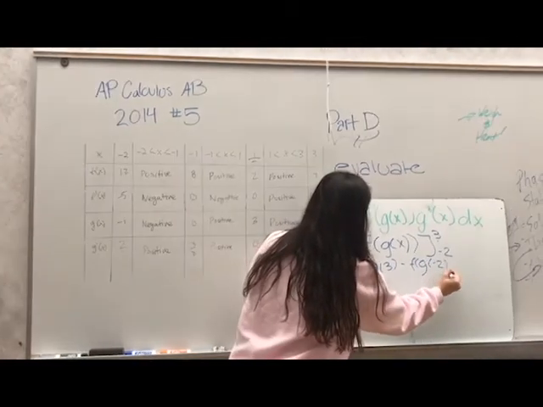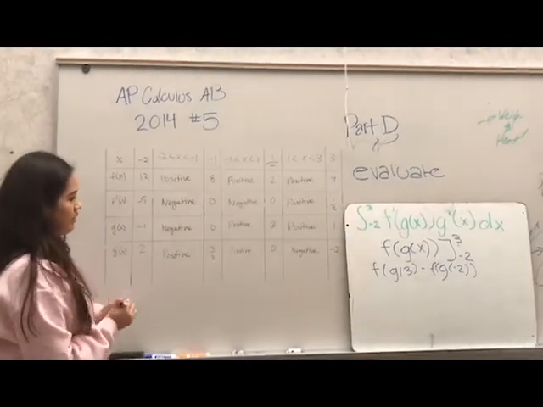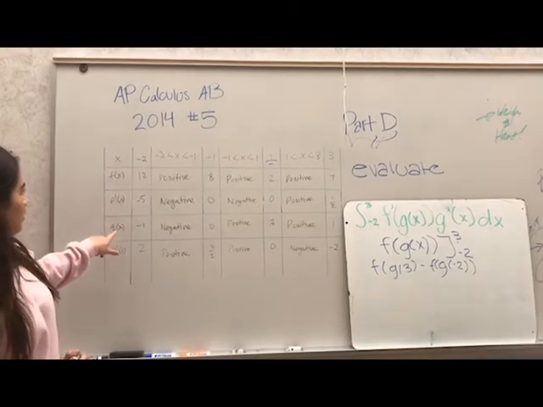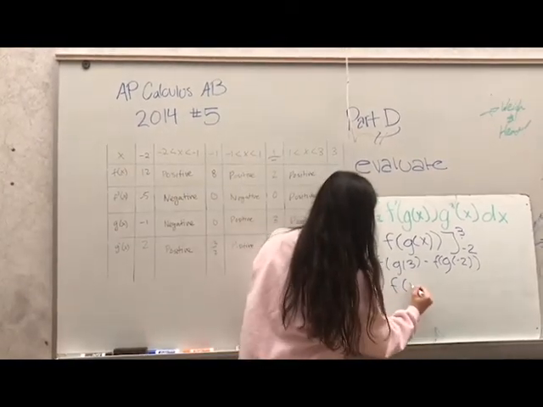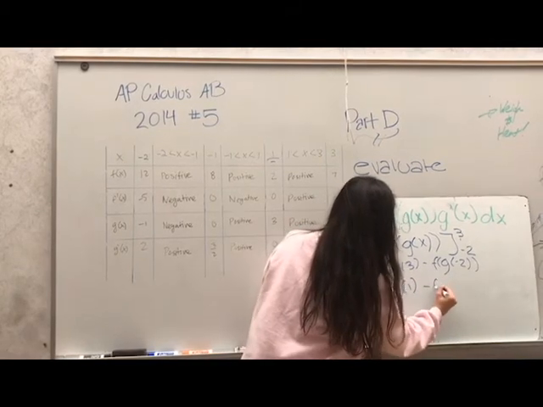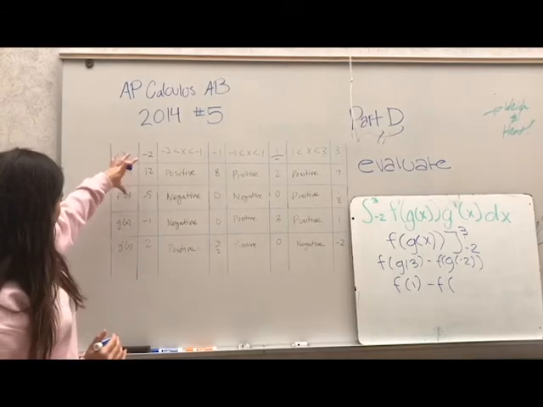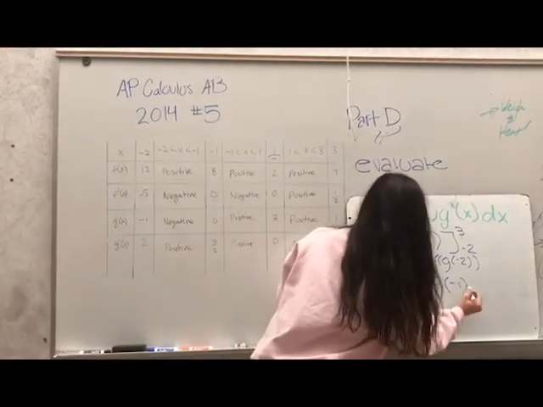So then applying this, we know that it is f of g of 3 minus f of g of -2. And by looking at the chart that they gave us, we know that g of 3 is 1. So it's f of 1 minus f of g of -2. So g at -2 is -1. Okay.